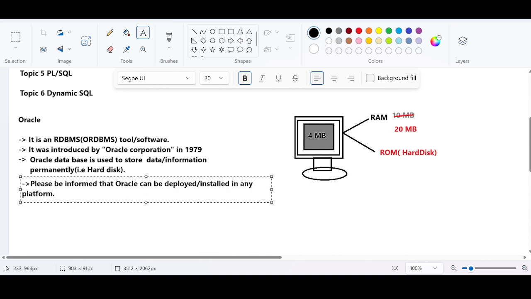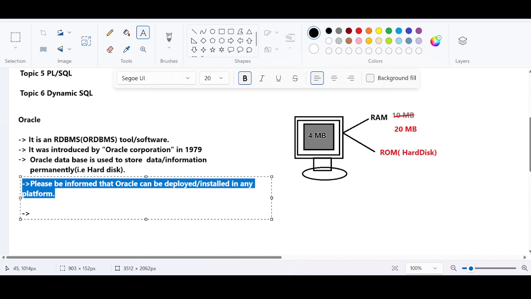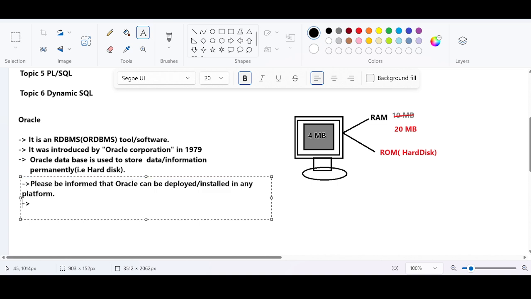So the fifth point, the follow-up statement, is that it is a platform independent database.